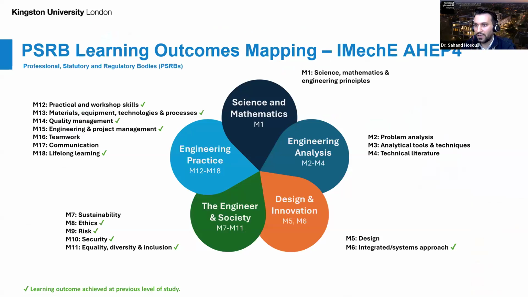A little bit more about the course. The course in a detailed way has been mapped based on PSRB, Professional Learning Outcome Mapping, following the suggestion. As you can see here, there are 18 pillars that have been covered in this field of study, looking at what you have learned during your undergraduate and what you're going to gain in terms of knowledge during this postgraduate degree, which could include, but is not limited to, science and mathematics as an M1, going through the engineering analysis.